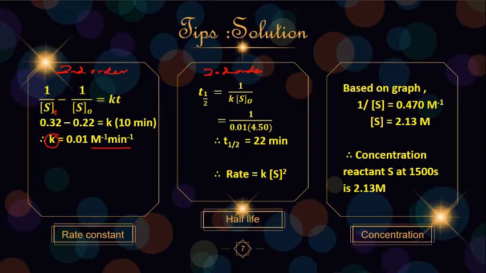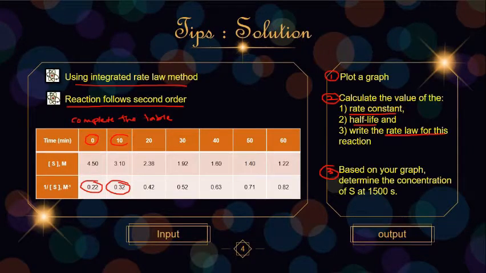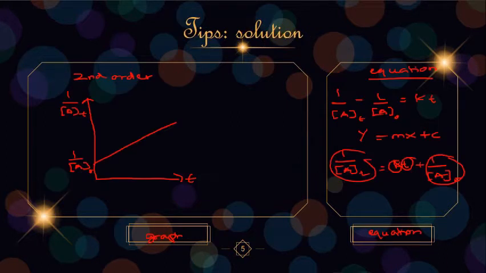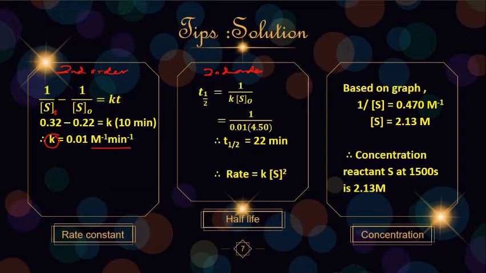You can see the concentration S naught from the table is 4.50, so you can find the half-life.